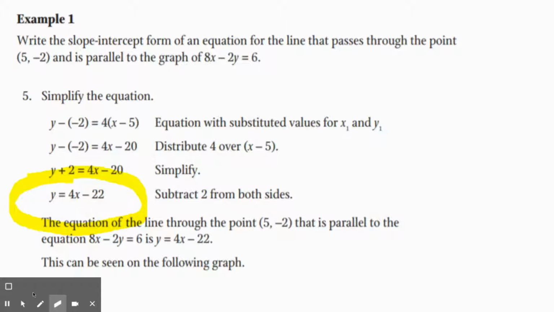That gives you y plus 2 equals 4x minus 20, and you get a final answer of y equals 4x minus 22. So 4x minus 22 is going to be parallel to 8x minus 2y equals 6, and it also goes through the point (5, -2).